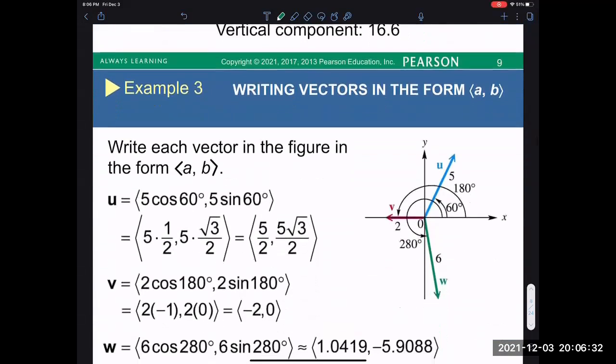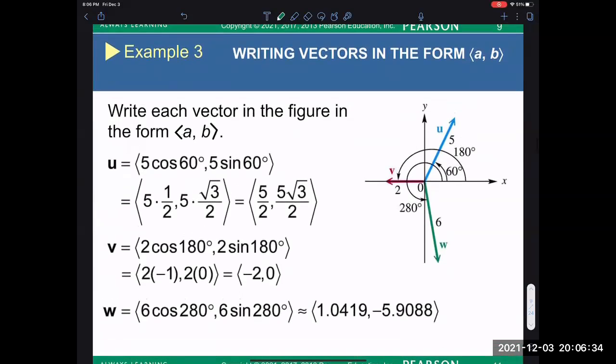All right, so now we start to have some fun writing vectors in the form AB. They're now just having us practice that: write each vector in the figure in the form A, comma B. What we see in the picture is that we have U, V, and W, three vectors expressed with angles and magnitudes.